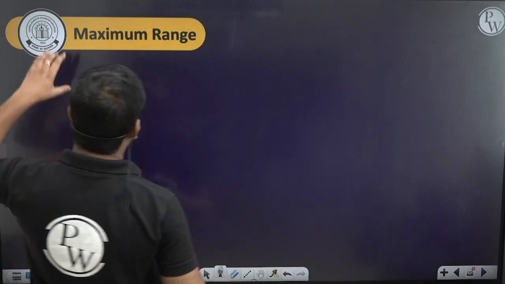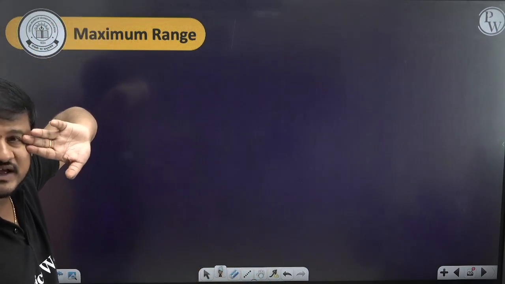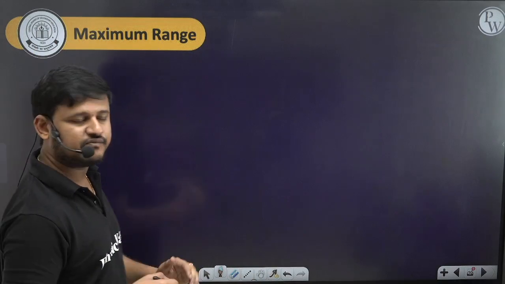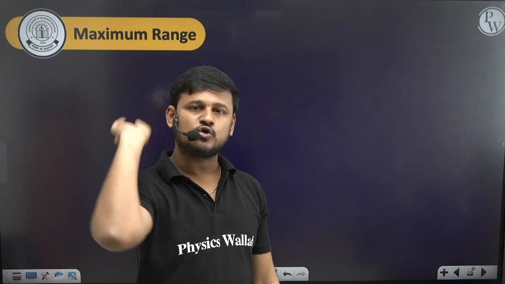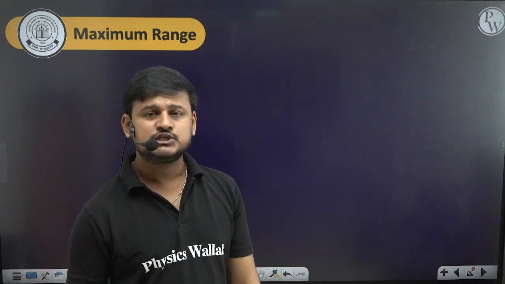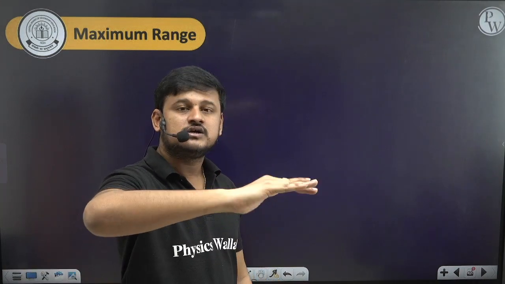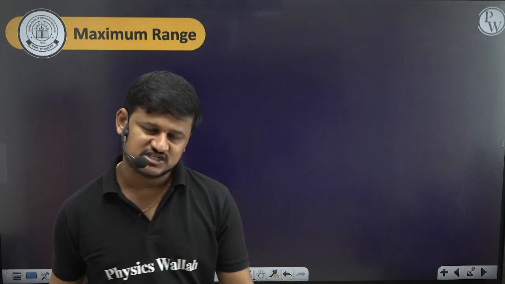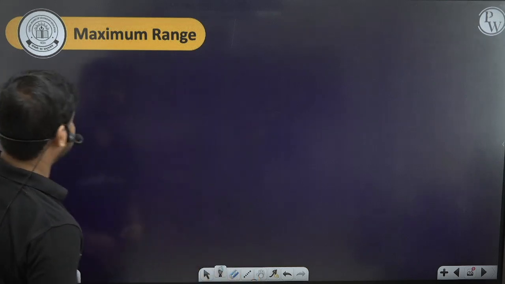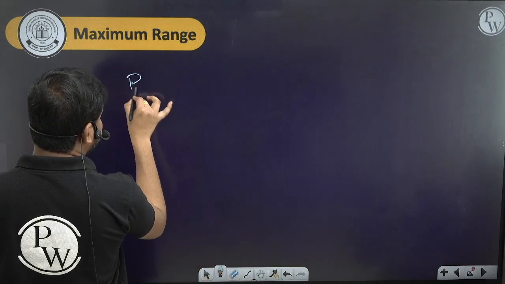So that is the maximum range. When the range will be maximum, with what angle should you throw a projected body so that its range will be maximum? That means horizontally, the maximum distance it will reach. That's the maximum range, right? See here. First, what's the range formula?